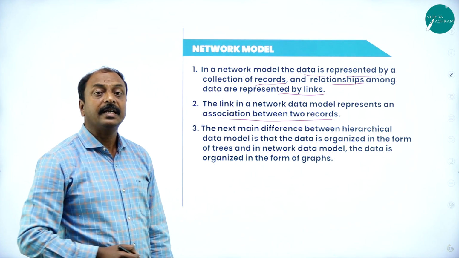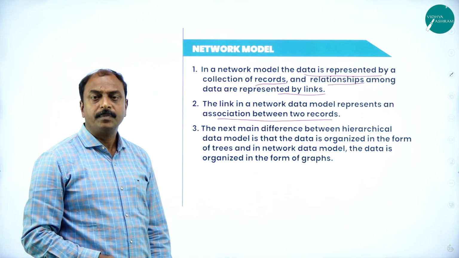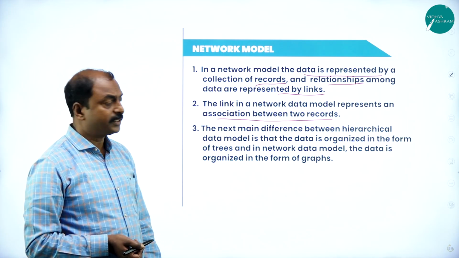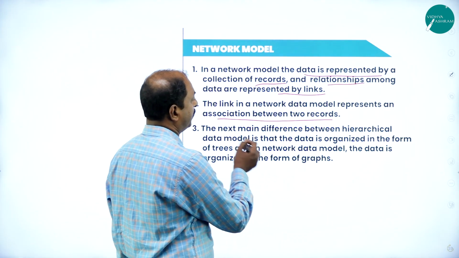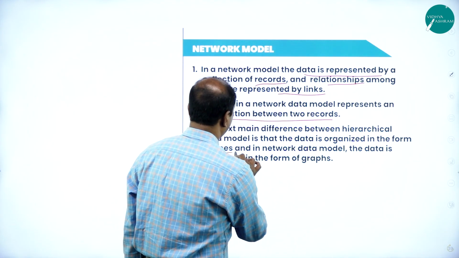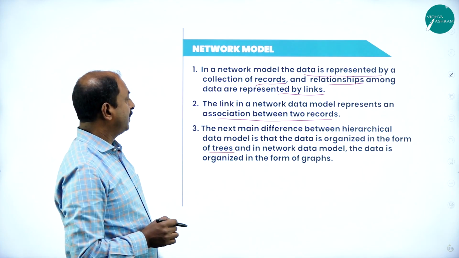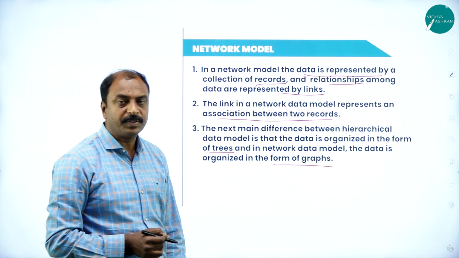So the connectivity or the common factor between these two records. And the next main difference between hierarchical model is that data is organized in the form of trees, and in network model the data is organized in the form of graph. That is the main difference between these two.